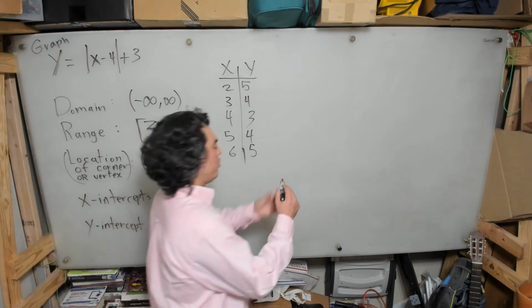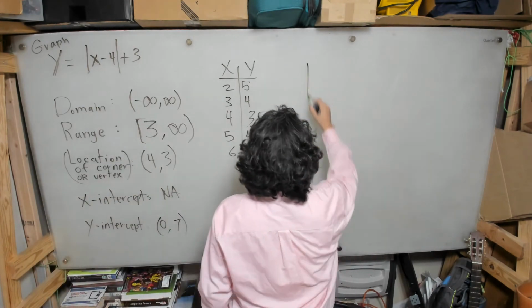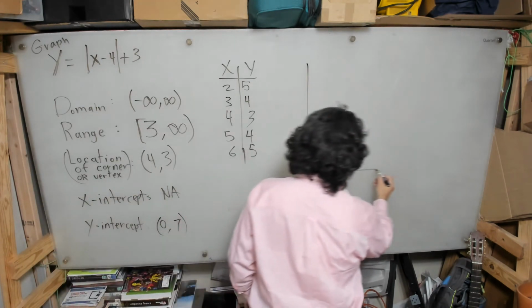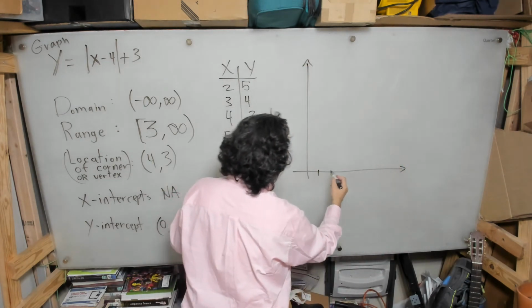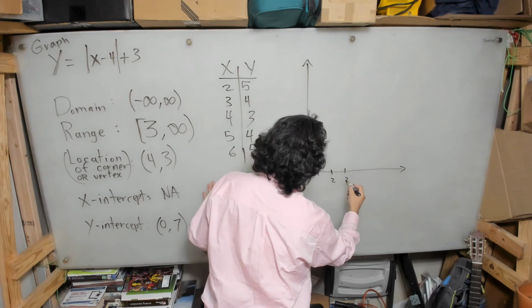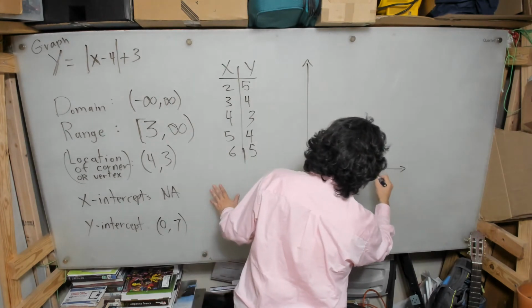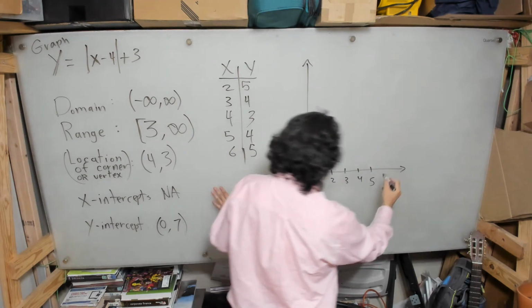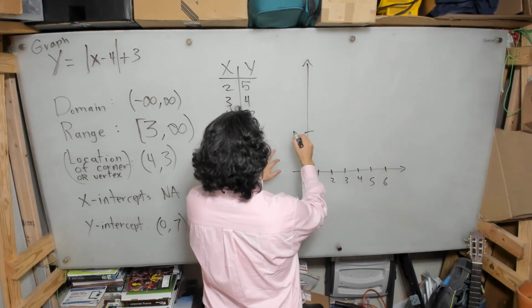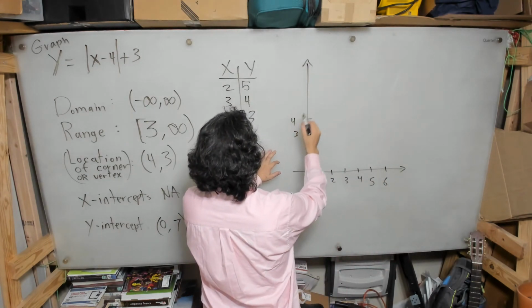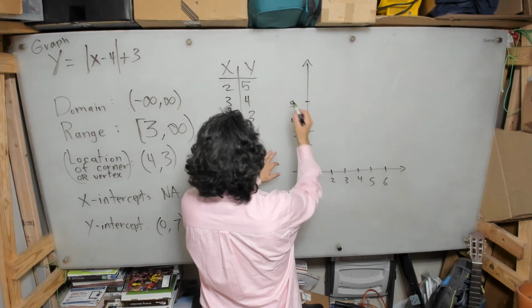I can just literally draw the first quadrant, okay? And I can do 1, 2, 3, 4, 5, 6 along x, and 1, 2, 3, 4, 5 along y.